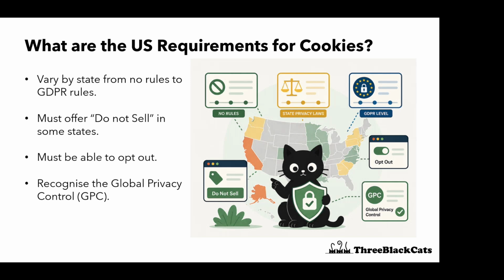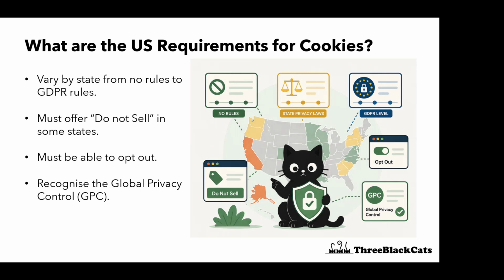And that changes most months. So at the moment, the US is really fluctuating on what is happening in which states, what are the rules, etc. In the US, for the states that have rules that involve privacy, most of them have some cookie requirements, but they vary from states which have requirements very like New Zealand and Australia.